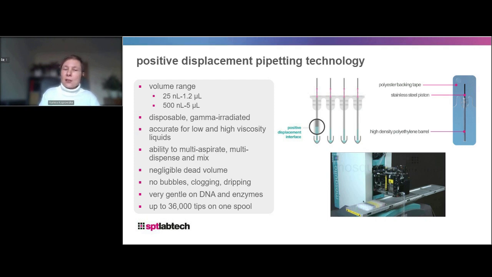More commonly in NGS laboratories, the high volume range, between 500 nanoliters up to 5 microliters, is more suitable. Tips are disposable and gamma irradiated, ensuring that there are no contamination issues. The true positive displacement technology enables transferring liquids irrespective of the viscosity of the liquid, but also to go lower with the volumes, down to 25 nanoliters.